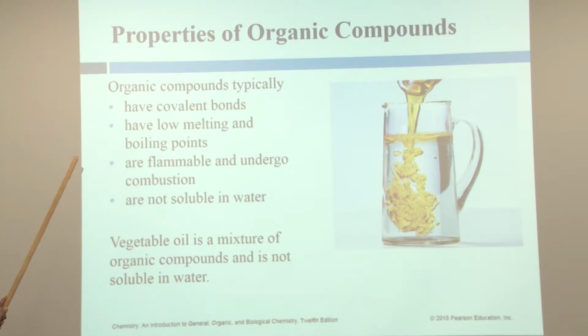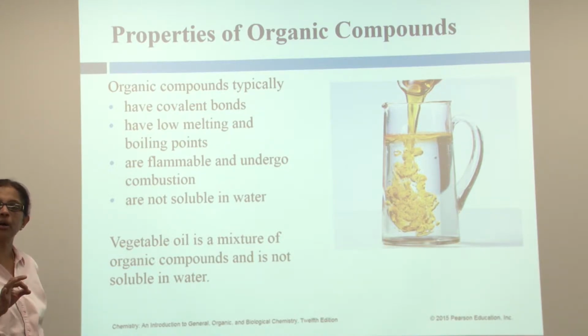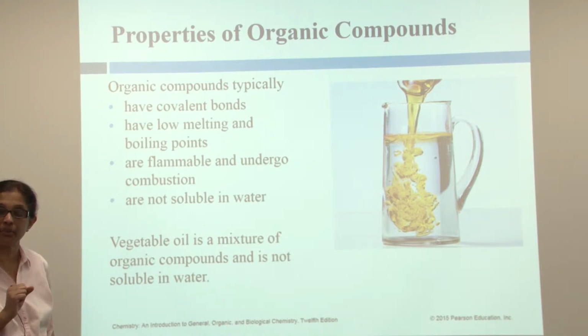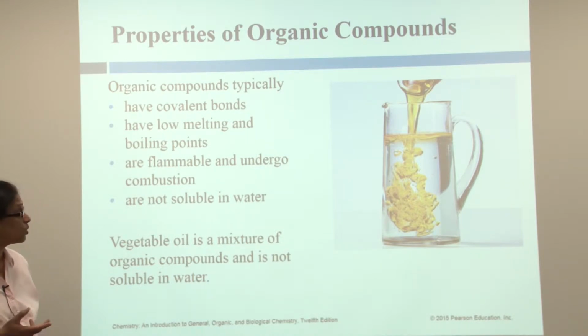Now, organic compounds have covalent bonds. You might have learned about covalent bonding, but what is a covalent bond? A covalent bond is a shared bond between two atoms. A pair of electrons forms one covalent bond. A covalent bond comes out of sharing of electrons.